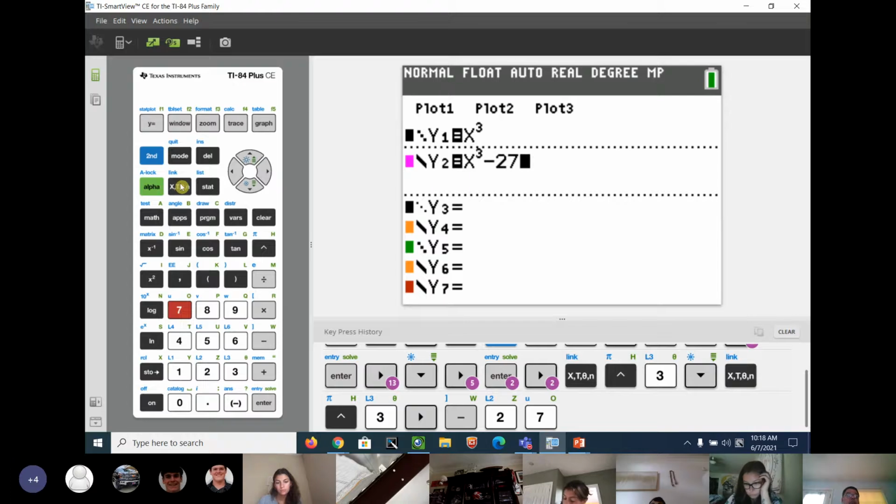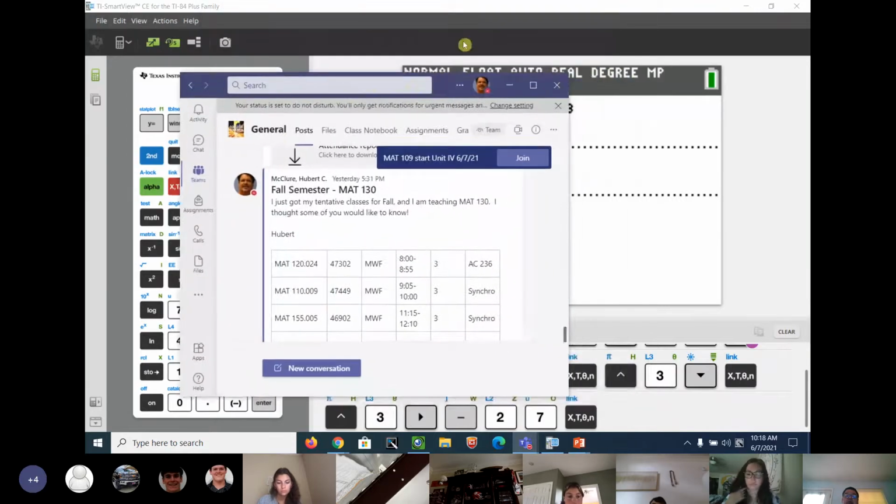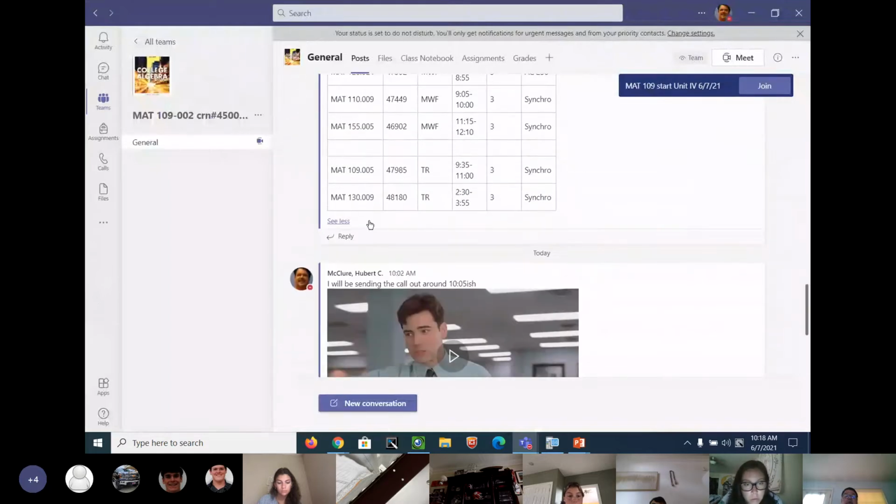Did y'all see the note about 130? Yes or no? No. Yes. Yes. Well, if you didn't, I'll show it to you right quick. I am teaching Math 130 next semester. And I want you to write it down. There it is right there. 130, 48, 180.